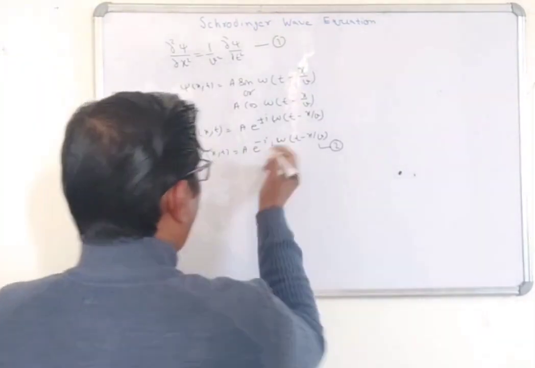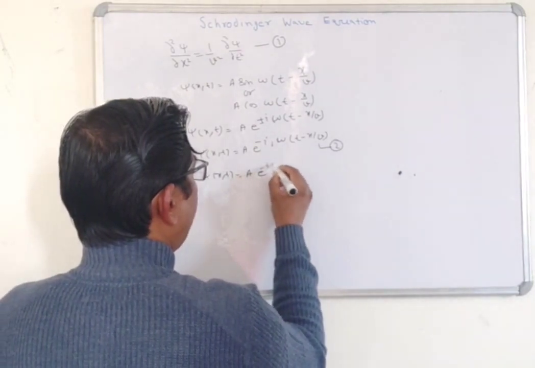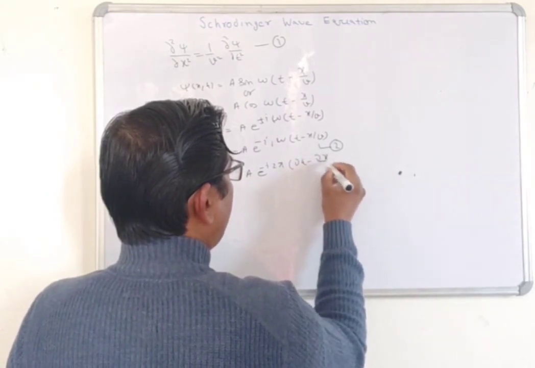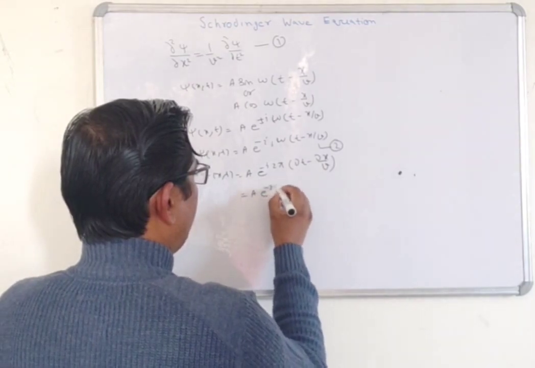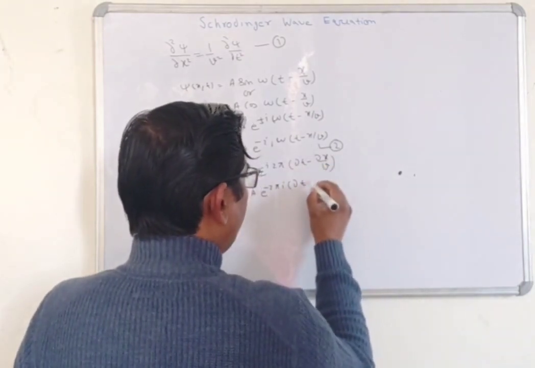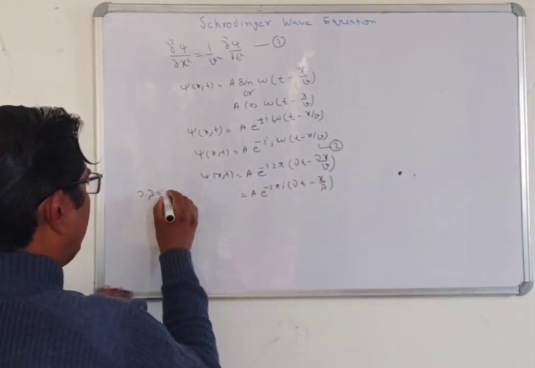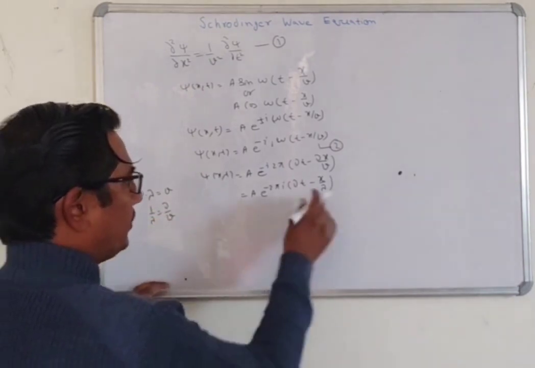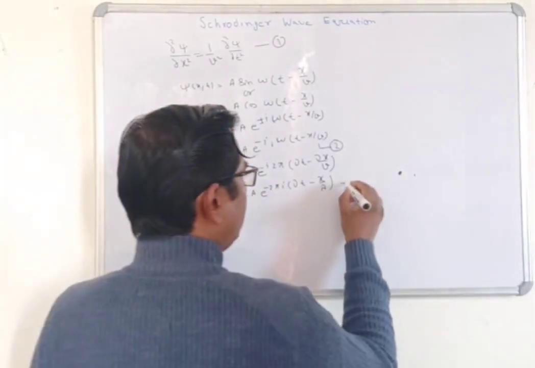It means that we can write the solution like that: psi of x, t is A e to the power i 2 pi nu t minus nu x by v. Now nu by v can be written as 1 by lambda, because all of you know that nu times lambda is equal to v. So we can write that 1 by lambda is nu upon v. This is equation number 3.